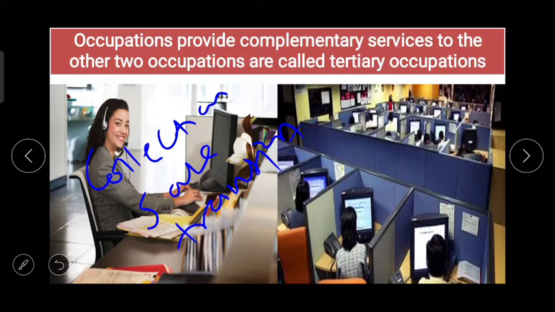Occupations provide complementary services, for example selling, to the other two occupations are called tertiary occupations, and these occupations are complementary to all other occupations. These occupations are also called service occupations. क्या कहा जा रहा है उनको? Service occupations.